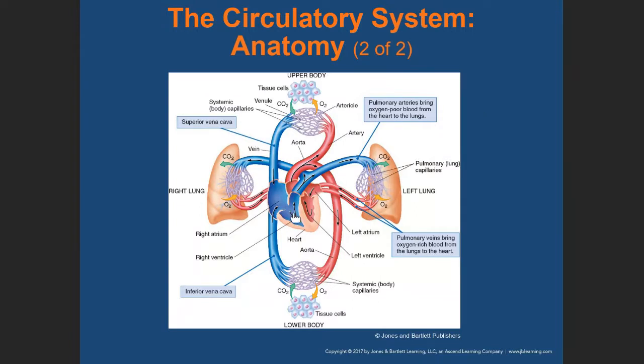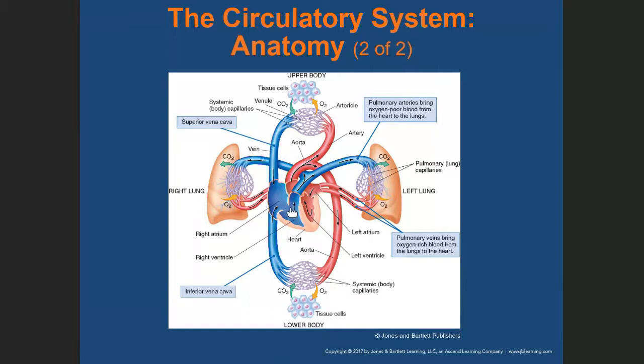So the right ventricle is responsible for receiving blood from the right atrium and pumping that blood through the pulmonic valve into the pulmonary artery.